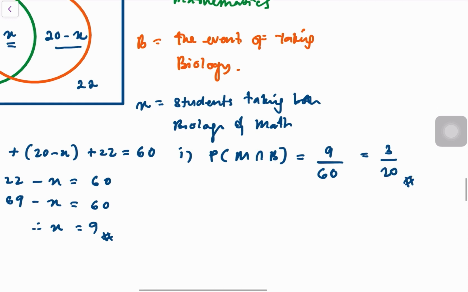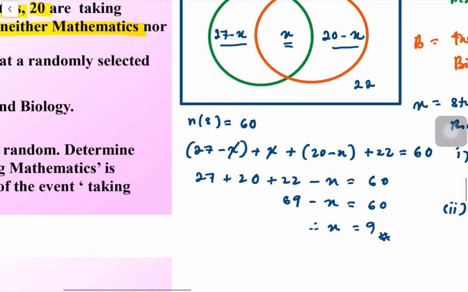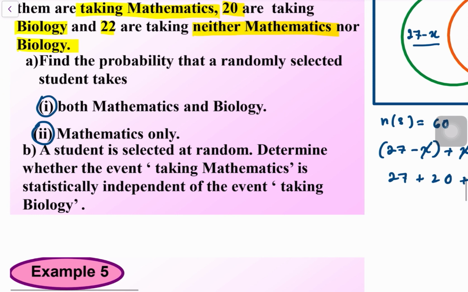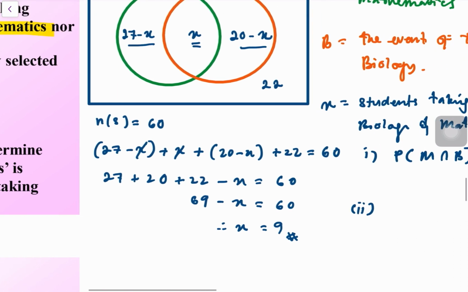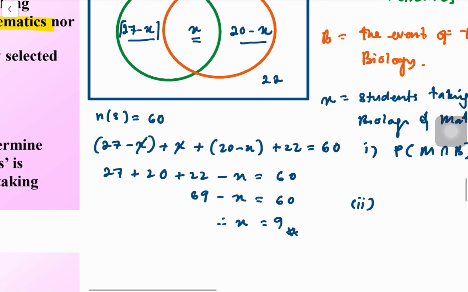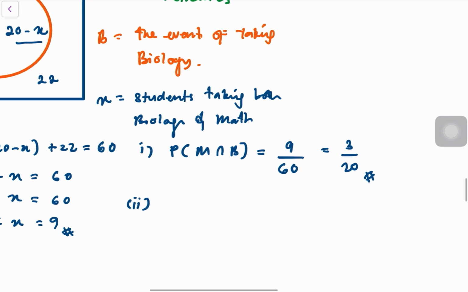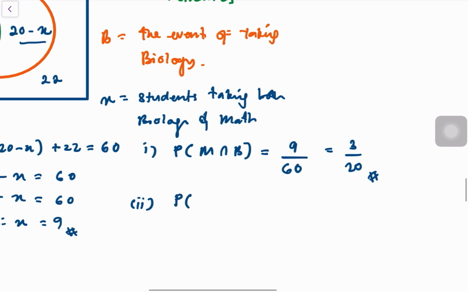Then the second Roman: we are looking for the probability that a randomly selected student takes mathematics only. So we are looking for the value 27 minus x, which is the probability of M intersect B complement.